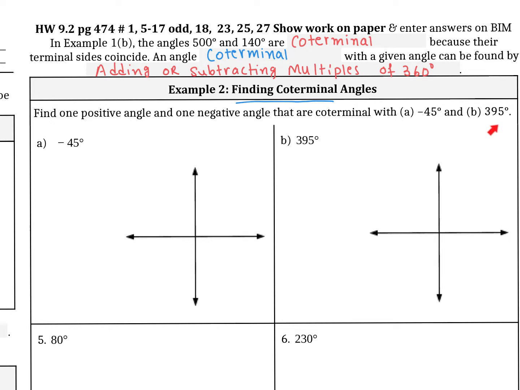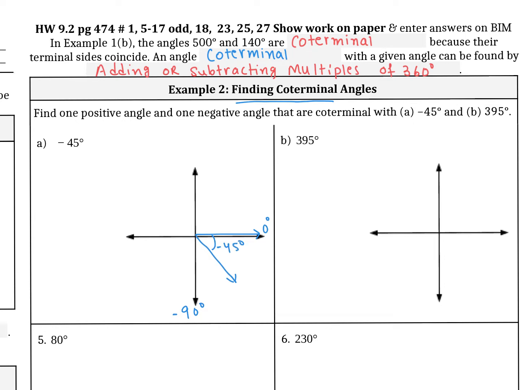So you're going to find the coterminal angle for negative 45. The initial side for this one is this 0 degree. Since this is negative 90, negative 45 is right here. That's negative 45.